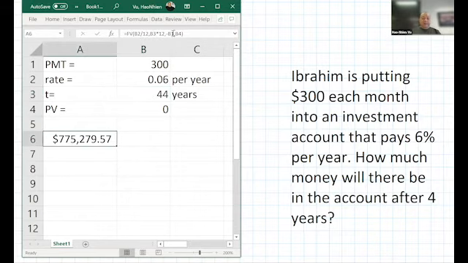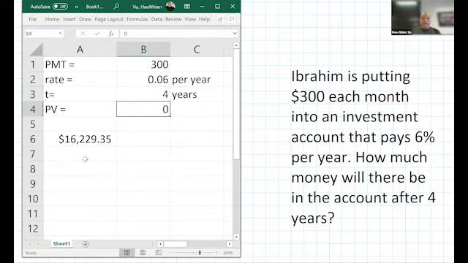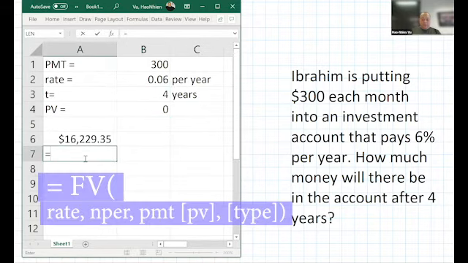Whereas if I type it in and I look at it, I go equals FV, the rate is 0.06 divided by 12. The number of periods is 4 times 12. The payment is negative 300. Present value is 0.